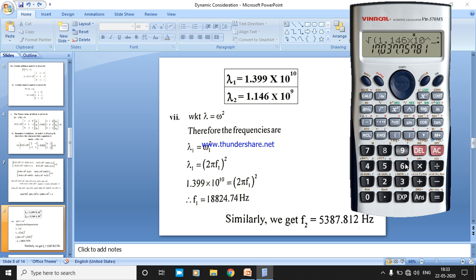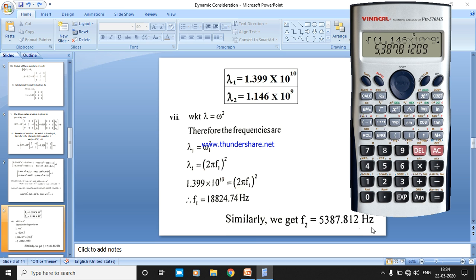I got the first value, and now I got 5387.8. So the first frequency is 18,824 Hz, and for the second I got 5387 Hz. This is the natural frequency.